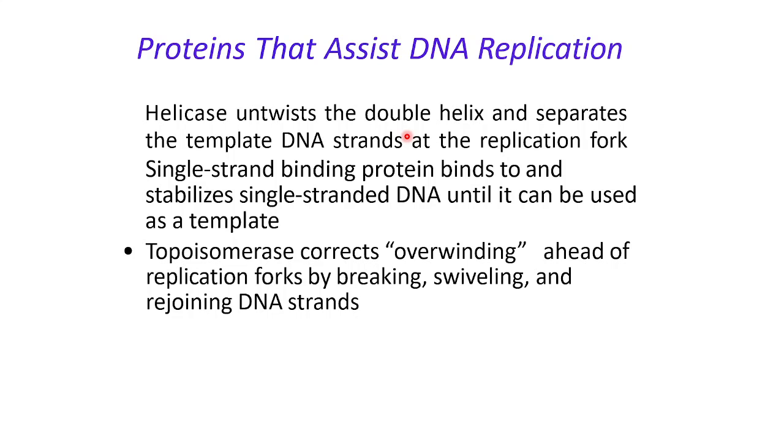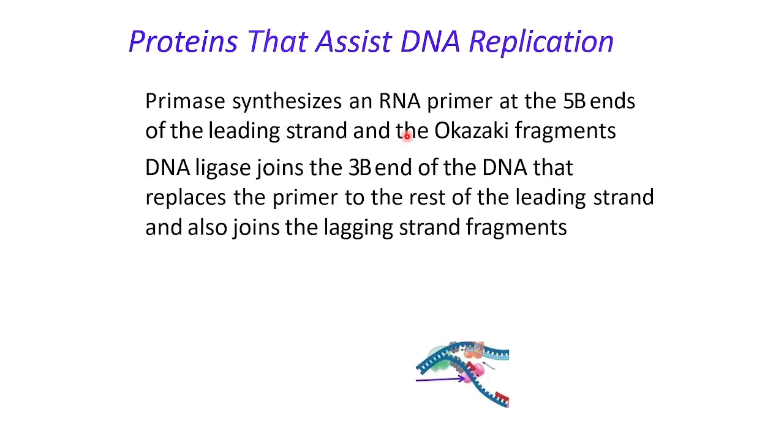So topoisomerase basically loosens up that tightness, and it loosens up from those ends, sometimes by breaking it, sometimes by untwisting it, and it gives it a lot more comfort.